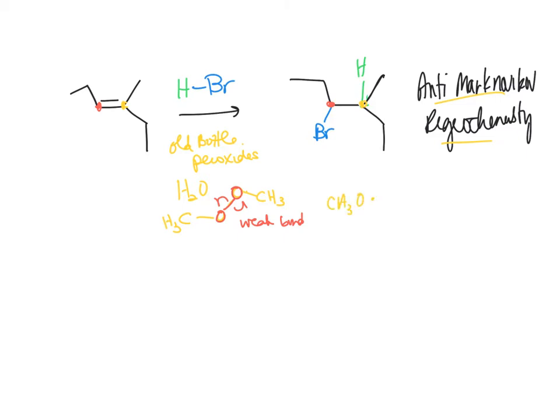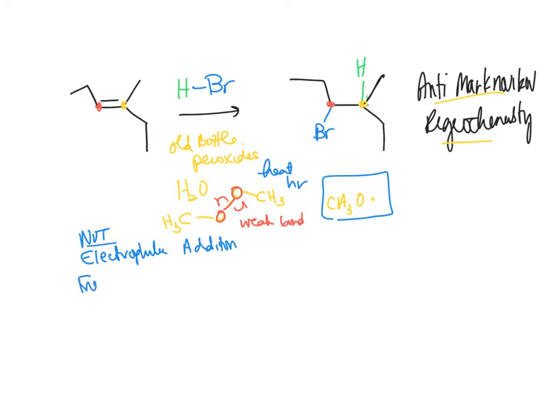And so you end up getting CH3O radical. A lot of times you will need to add some form of heat, or you might see light, to generate this free radical. So this is not an electrophilic addition mechanism. This is a free radical bromination of alkenes, and you're responsible for this.